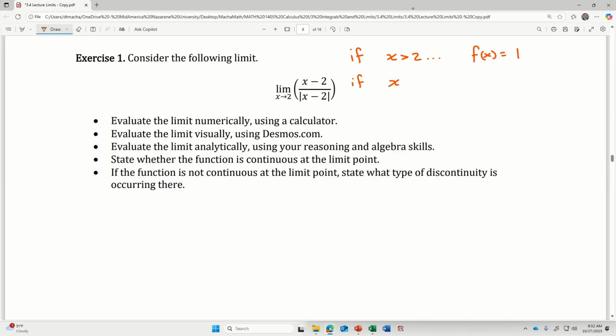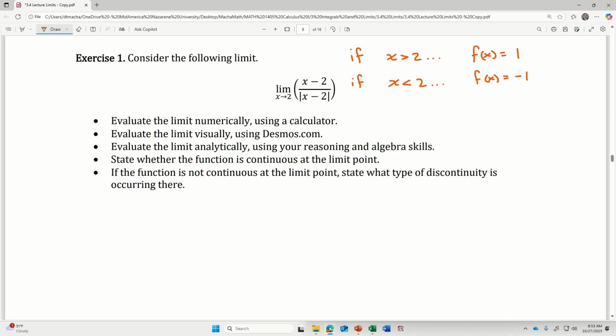What happens if x is less than 2? Negative 1. Because if x is less than 2, then now the numerator is a negative number. The denominator remains positive because of the absolute value. And so a negative divided by a positive is a negative, and it's the same number, so it must be a value of negative 1.